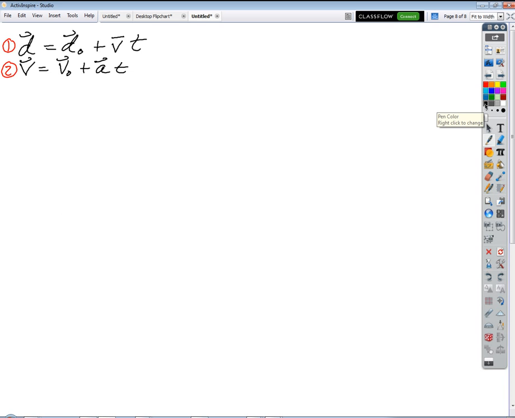Okay, so 26, we've got, if a car slows from 22 meters per second to 3 meters per second at a constant rate of 2.1 meters per second squared, how many seconds are required before the car is traveling at 3 meters per second?